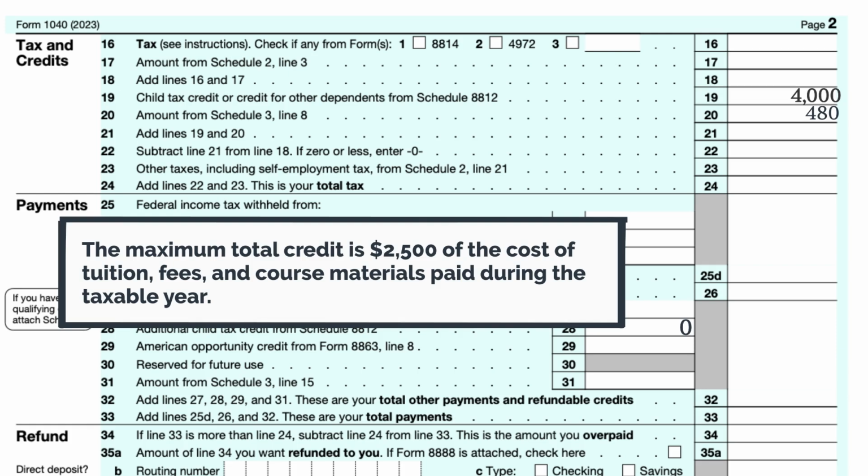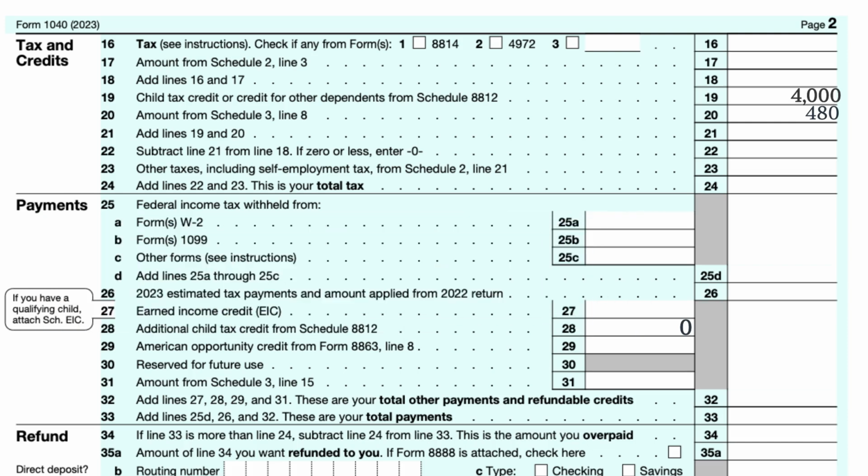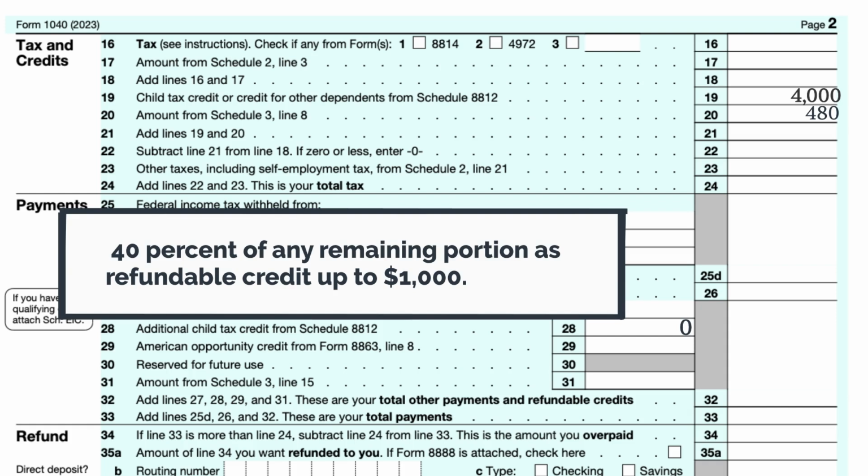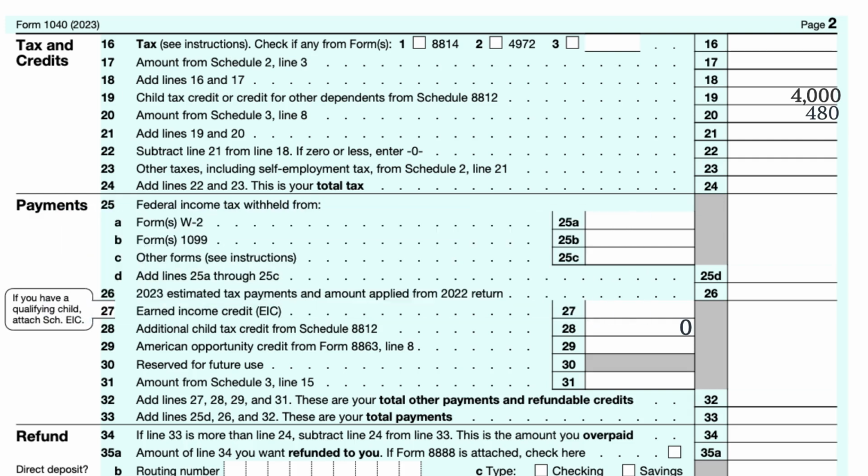If the student brings the amount of tax due to zero and does not fully use the total credit of $2,500, the student may take 40% of any remaining portion as a refundable credit up to $1,000. Emily did have college tuition expenses, though she cannot take the American Opportunity Credit because it is limited to the student's first 4 years of higher education. And so therefore, she took the non-refundable Lifetime Learning Credit.